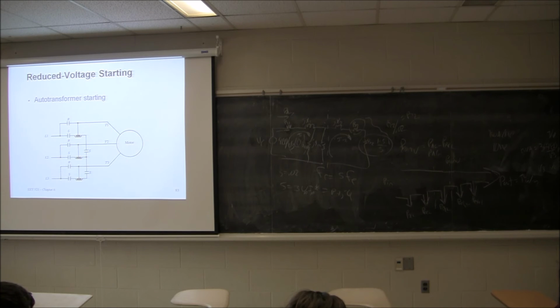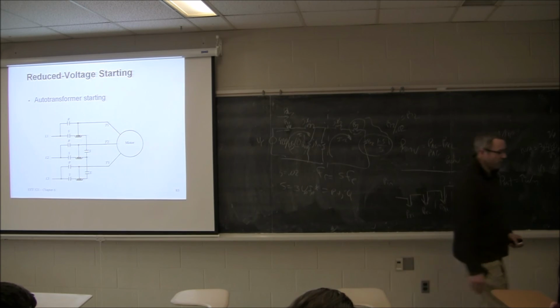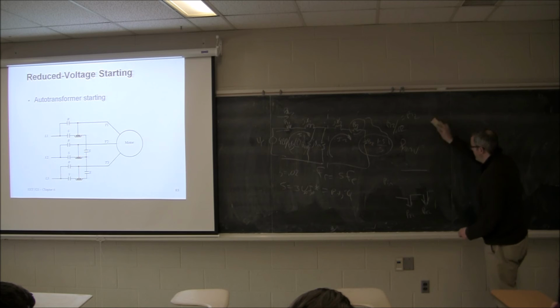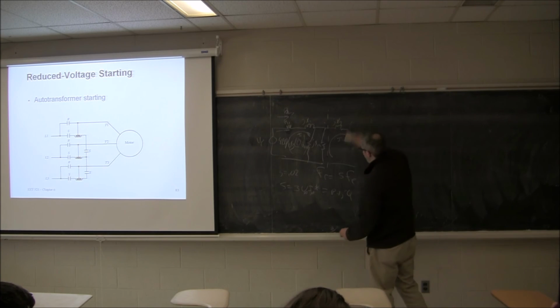Yes, sir. Can you explain the secondary part of the auto transformer? Because I was not understanding how you were explaining. Yep, we can redraw it this way. So, a regular transformer works like this, and we don't cover auto transformers a lot in this class because it's pretty uncommon that you'll come across one in industry.